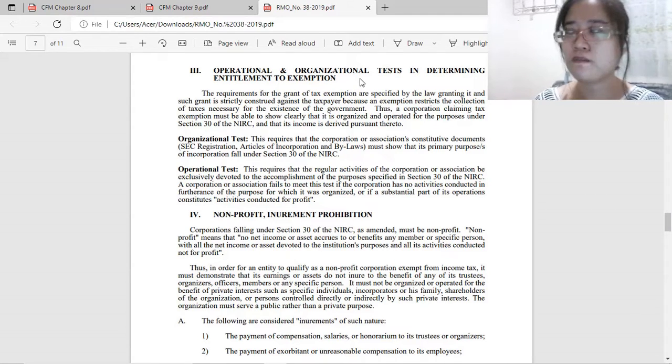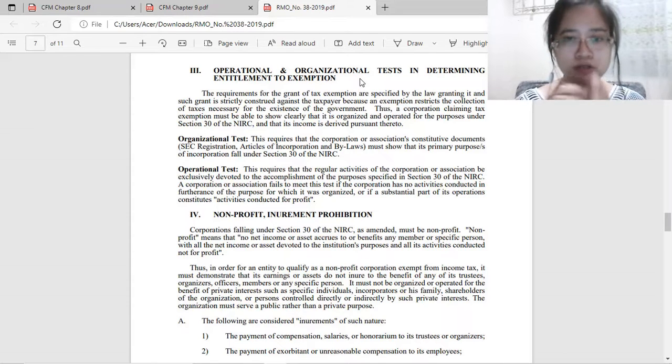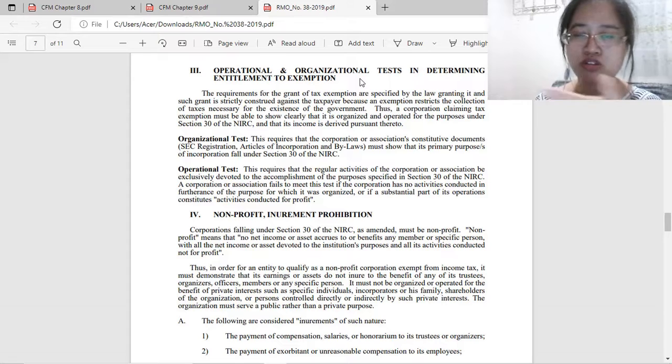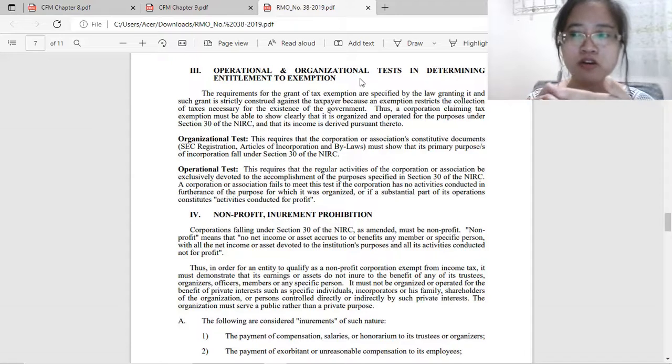Essentially, what the BIR wants to check is if the organization is really operating for its specific purpose, and they check those financial statements to prove that claim, and also to see if the funds are exclusively used for religious or educational purposes, and that none of those funds were used to benefit a specific person or a specific officer, member, or worker of the church.